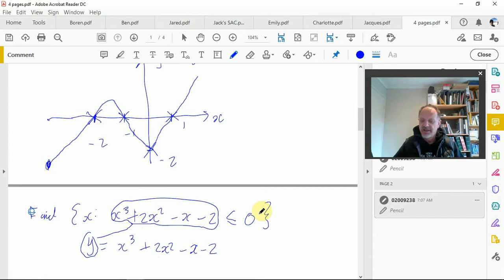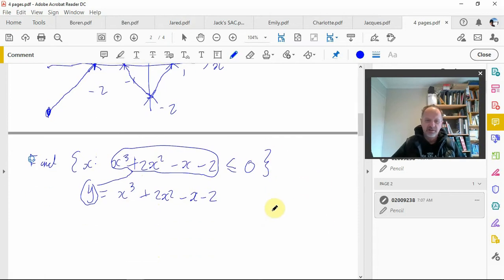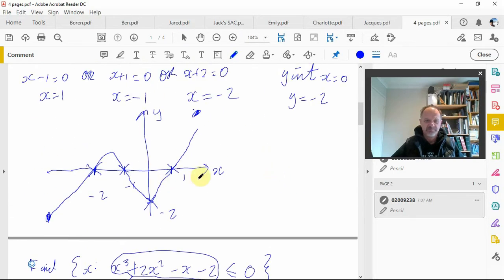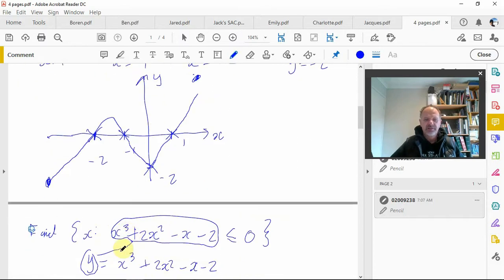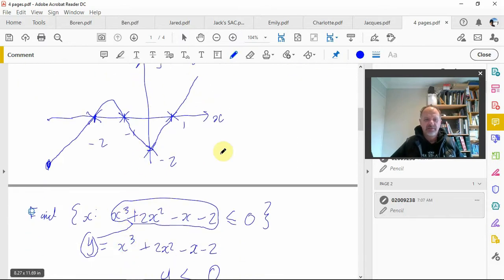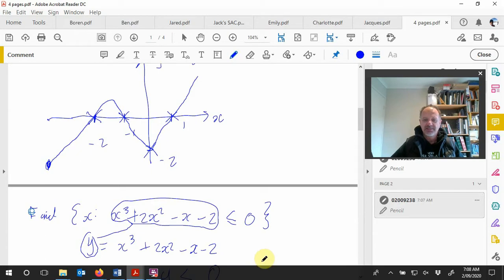And if I did that, what we're looking at then is, for the graph, so remember this graph here is the y equals, we're looking for where y is less than or equal to 0. Now, y is less than or equal to 0 down here underneath the x-axis. So we're interested in the x values where this graph is below the axis.